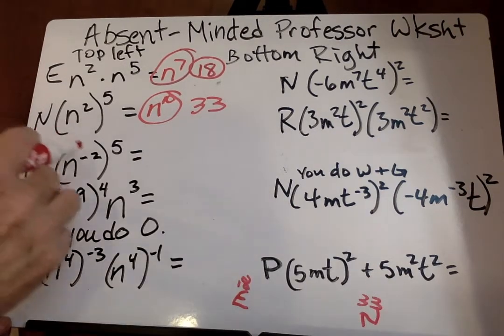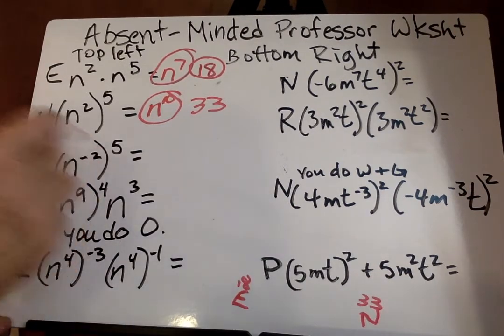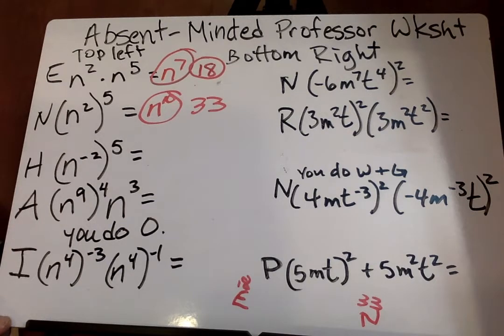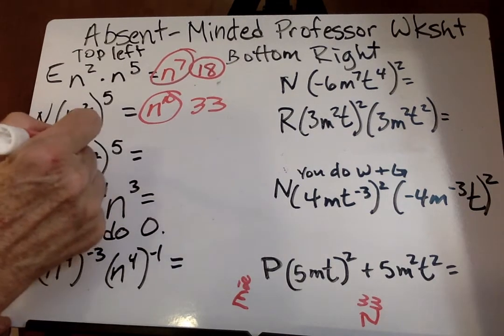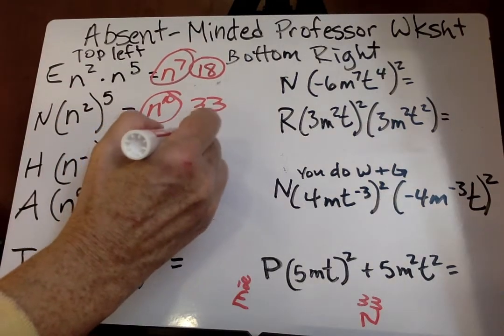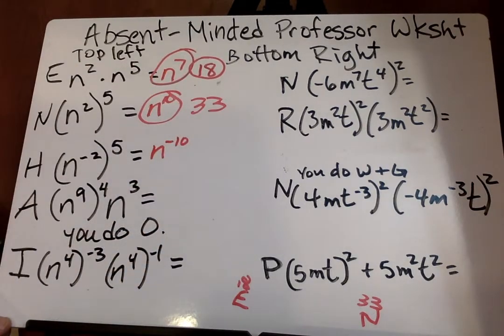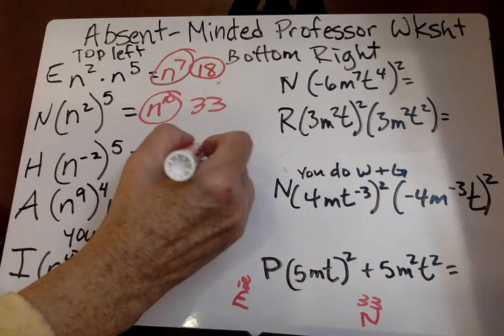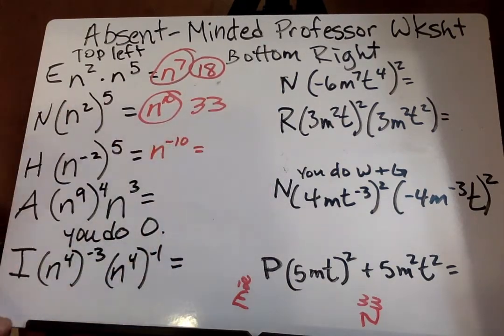Okay. Next, we go n to the negative 2 times 5. We go ahead and multiply negative 2 times 5. It's a power raised to a power. That's n to the negative 10. Okay. So then, that equals, again, negative exponents are like naughty children. What do we do? That's right.